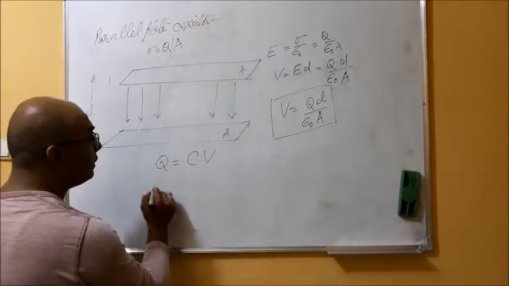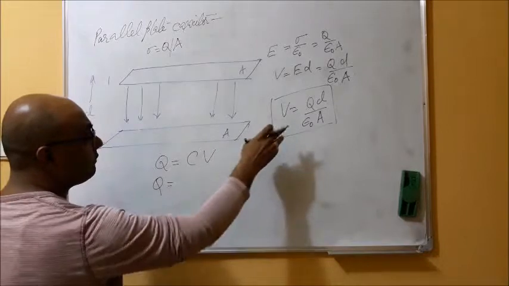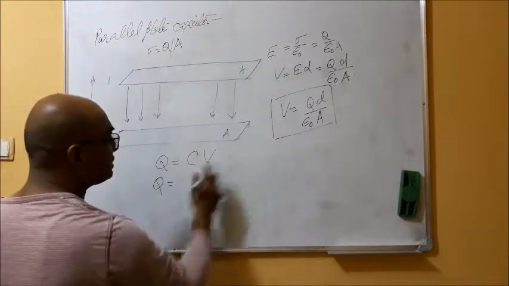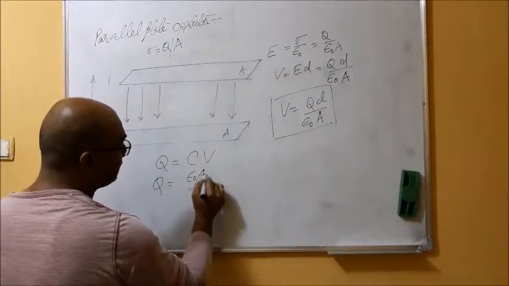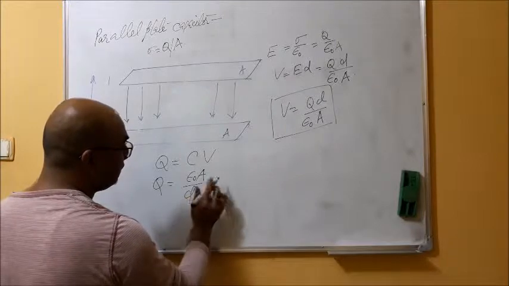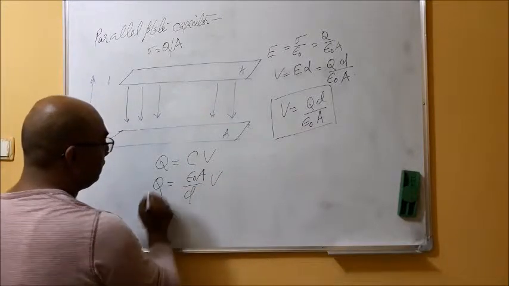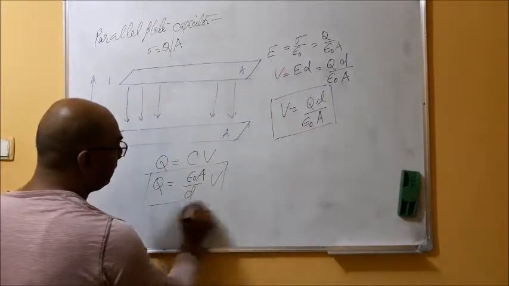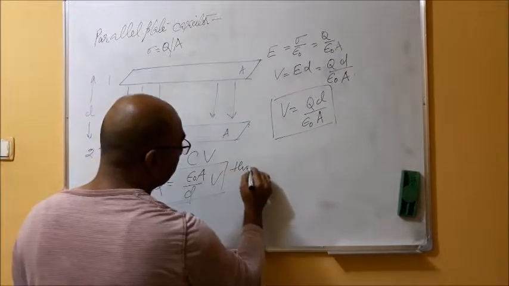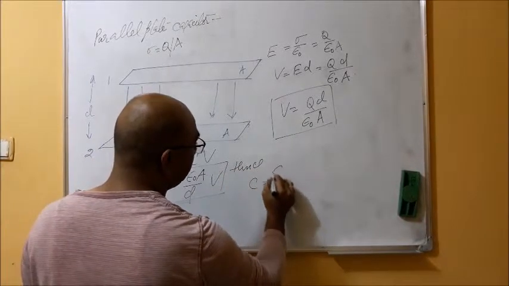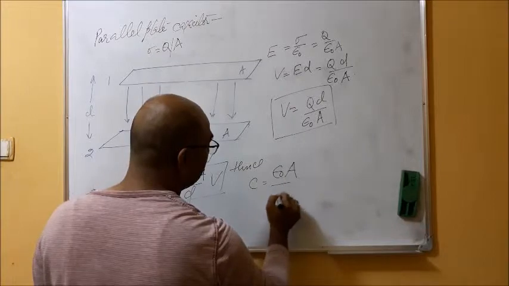So what is Q here? If I find the value of Q from this definition, Q is epsilon naught A upon D into V, and hence C is given by epsilon naught A upon D.